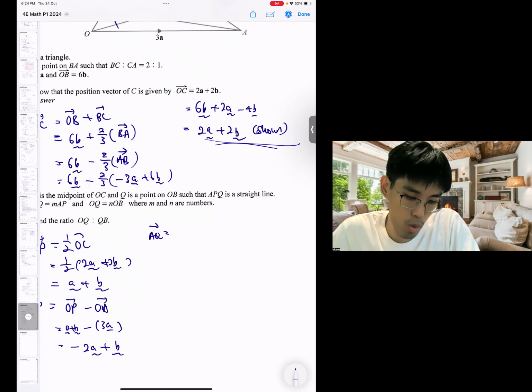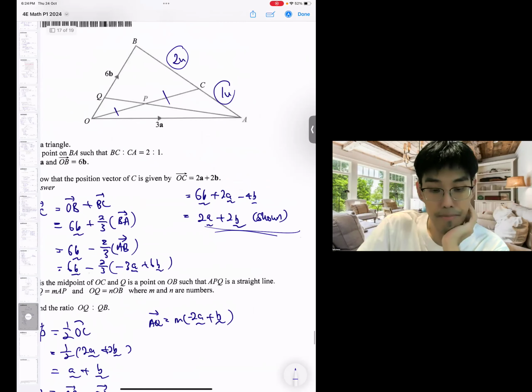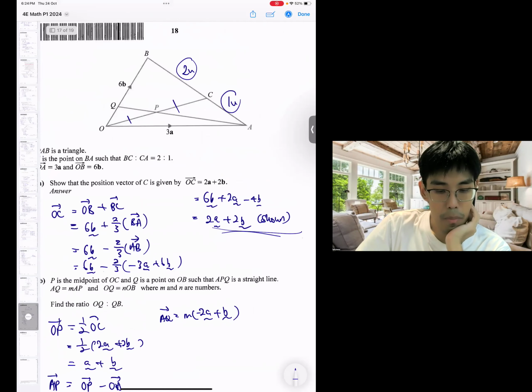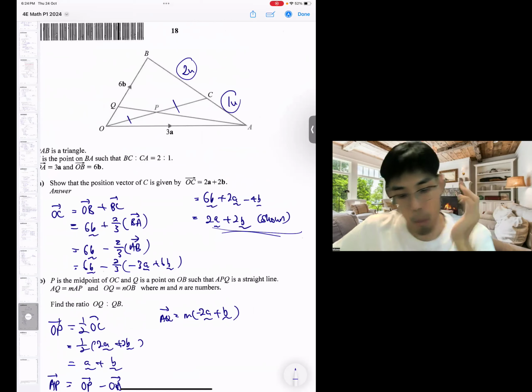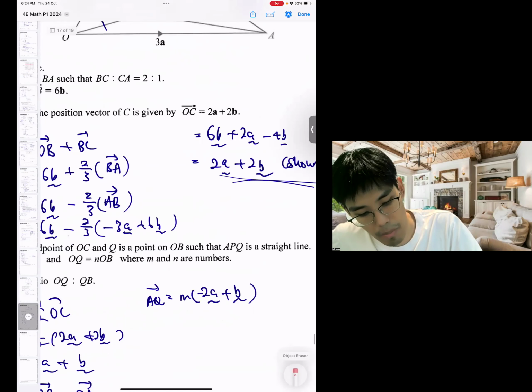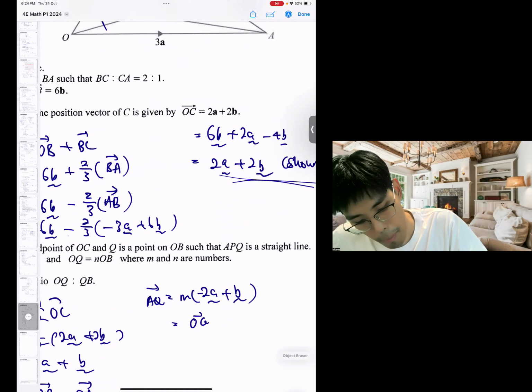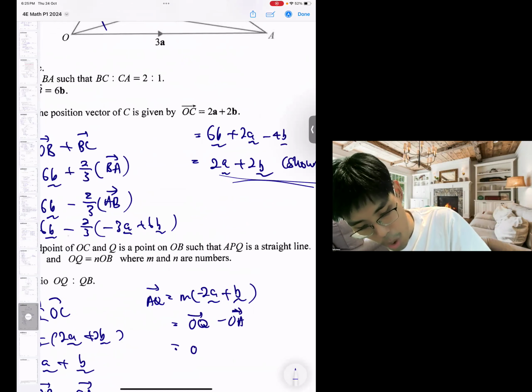AQ equals m AP, that's one. We can also say that AQ equals OQ minus OA. That's for sure.